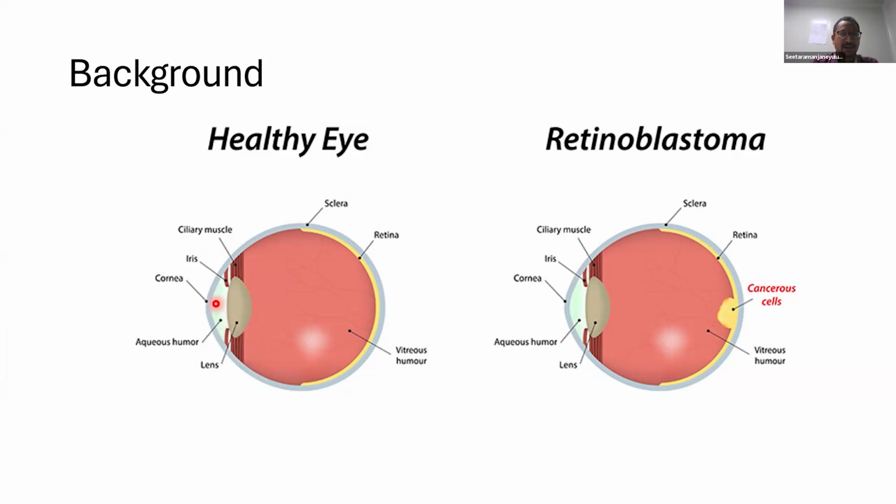So this is the cornea, the front portion of the eye, which is attached to aqueous humor, and behind the lens, this is vitreous humor. And here, the cancer starts at the back of the eye, which is associated with the vitreous humor.